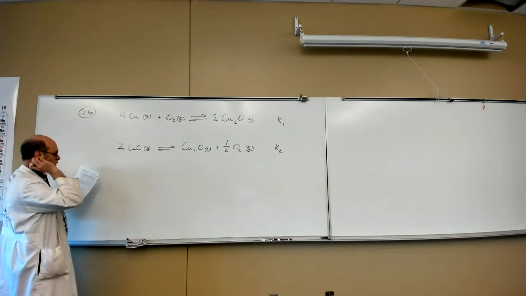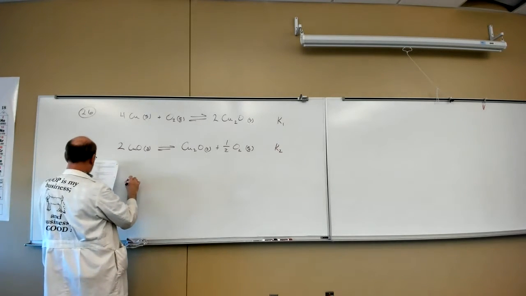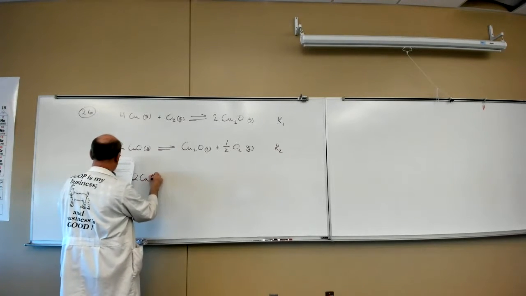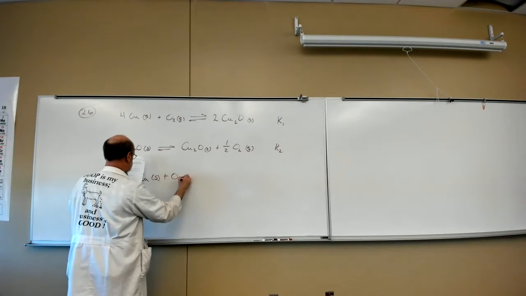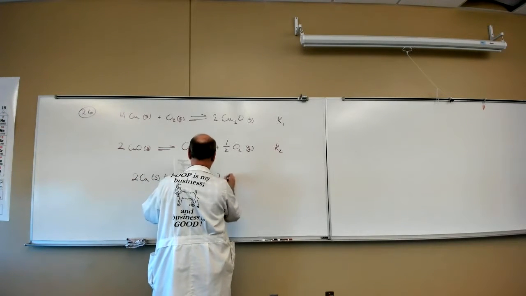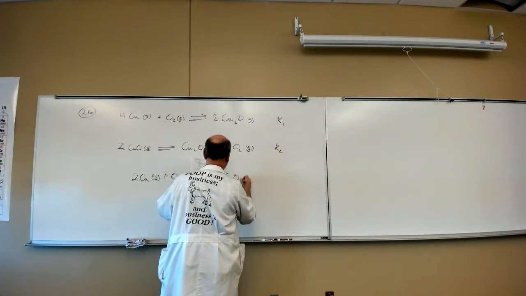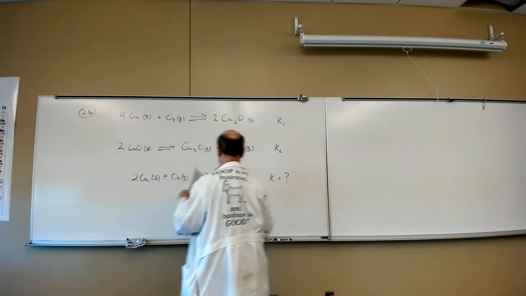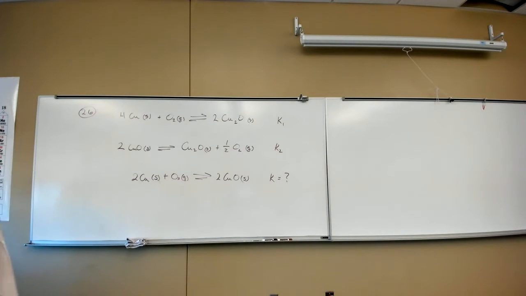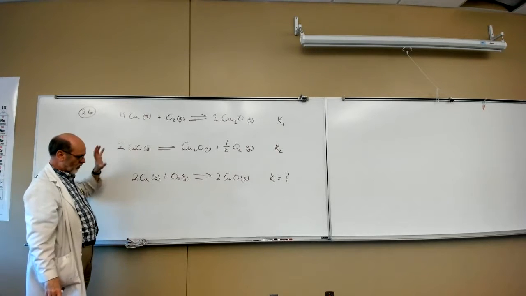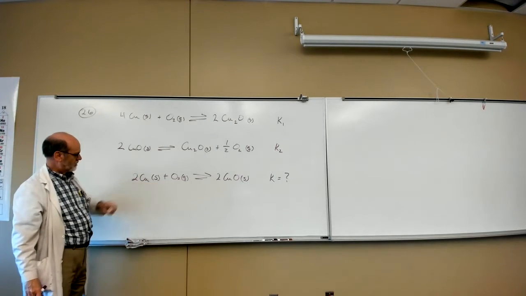And the resultant equation is going to be what's the K? Yes, in terms of these. Because we're going to add these two together in some form or fashion to end up with this one.